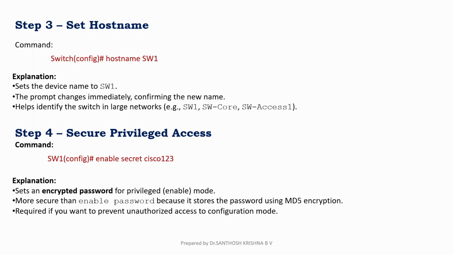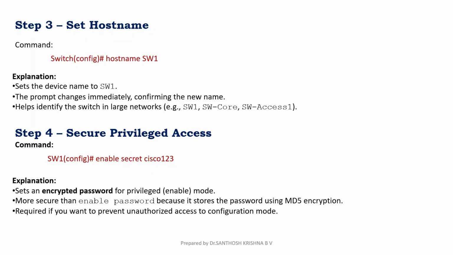Once we are in the privileged mode, we need to secure it. We can secure it using the keyword enable secret followed by whatever password you want to give. Here I have given Cisco123, which sets an encrypted password for the privileged mode.